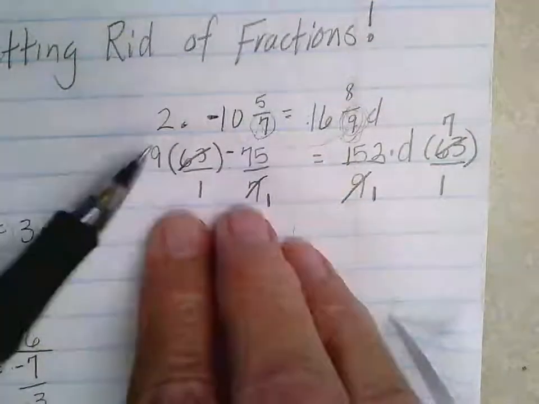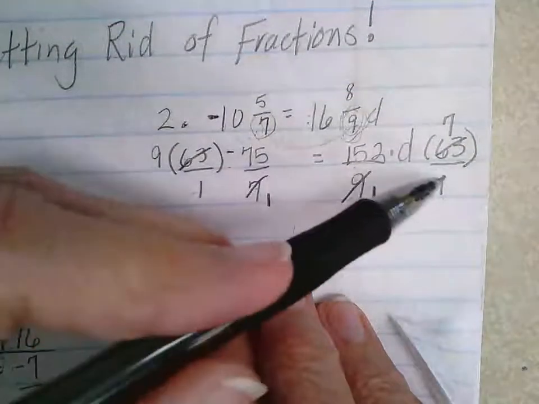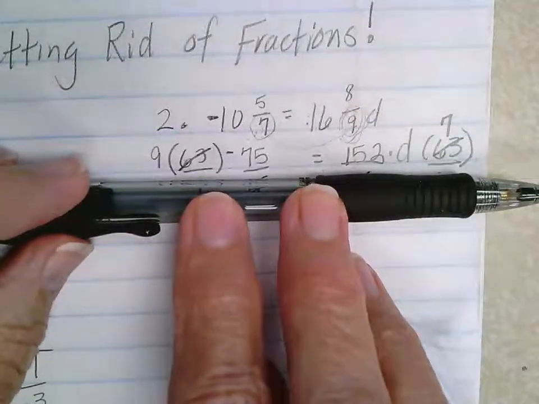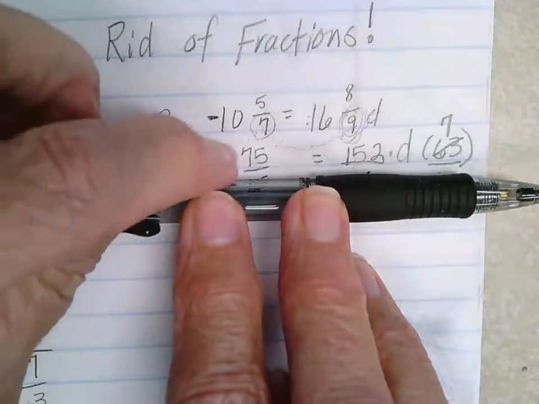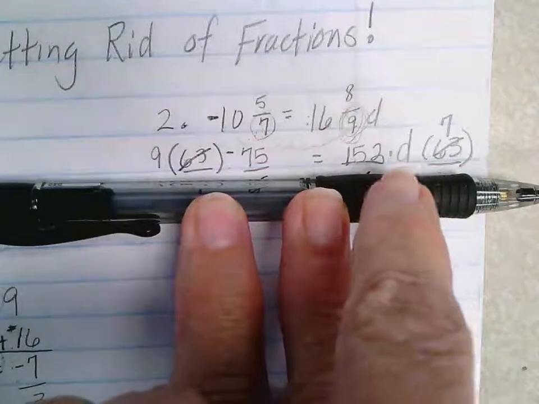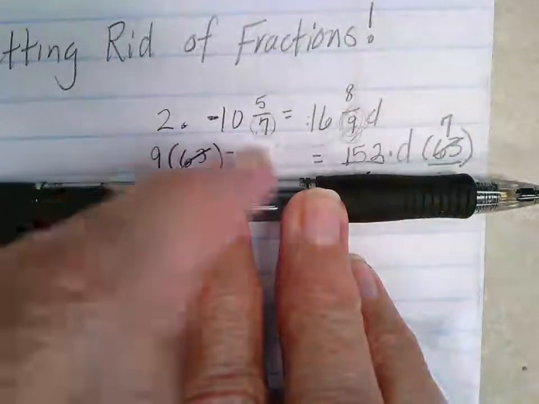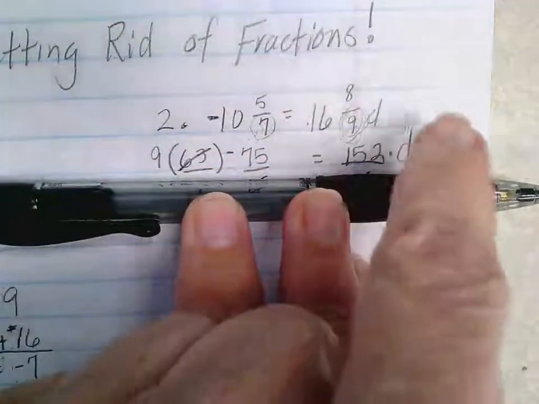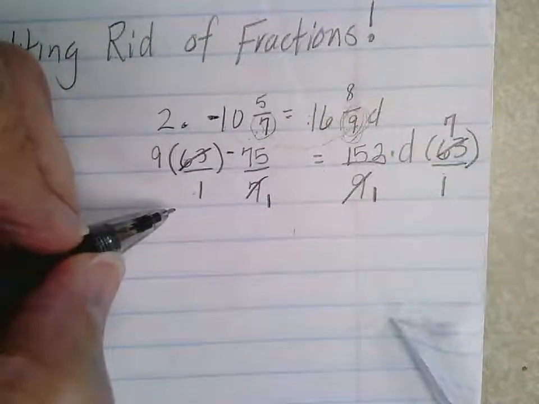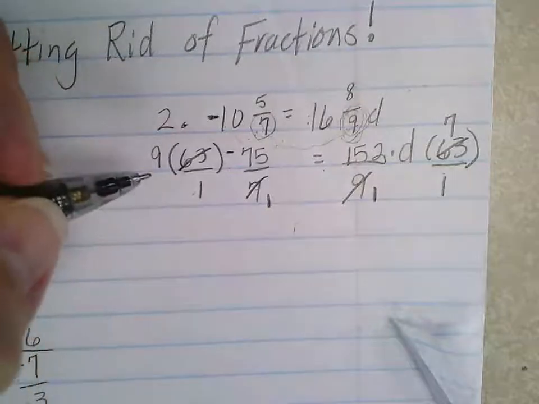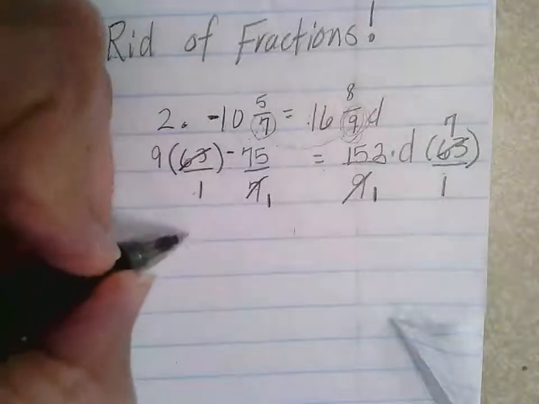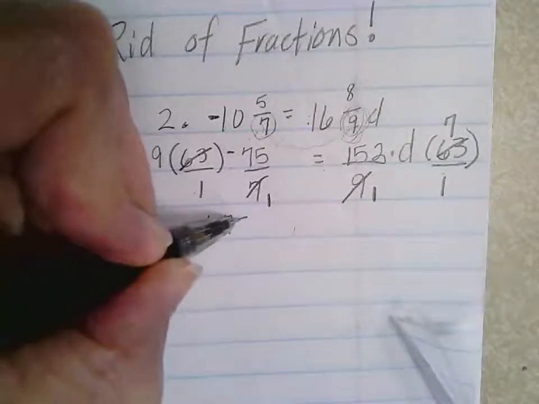So now all of my denominators are 1, which means that the remaining problem is going to be 9 times negative 75 is equal to 152D times 7. So I'm going to do this multiplication, and I'm going to do this multiplication and rewrite my problem that way. Negative 75 times 9 is a negative 675.